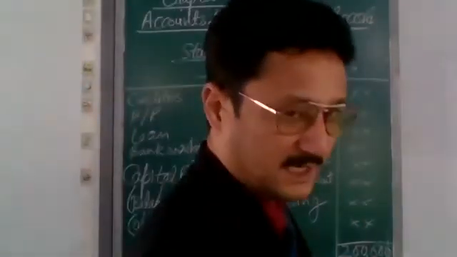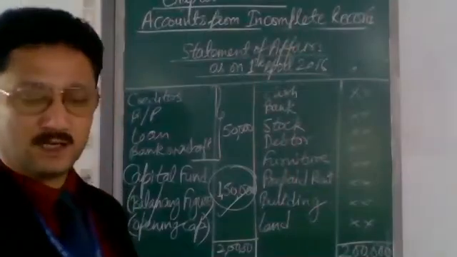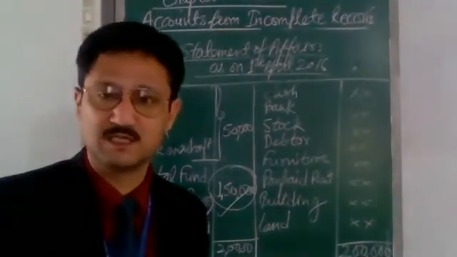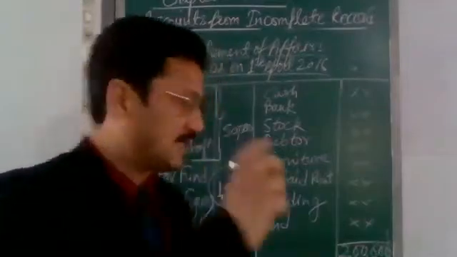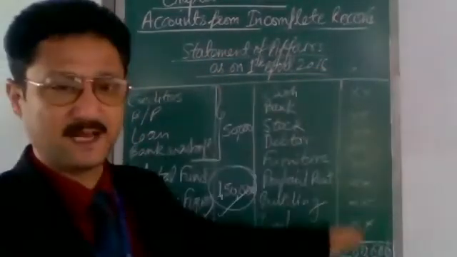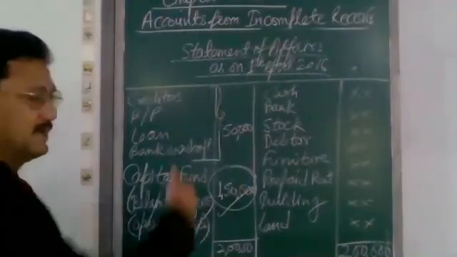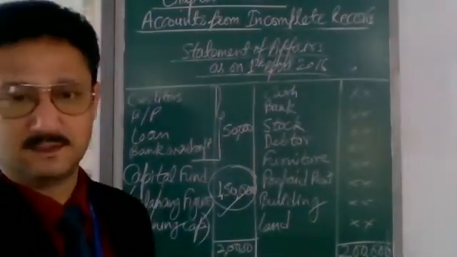Similarly, when you prepare the balance sheet or the statement of affairs on 31st March 2017, then that will be the closing capital which you will get here. You will write all the assets like this, you will write all the liabilities and the balance will be the closing capital.